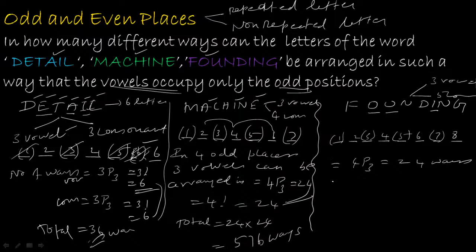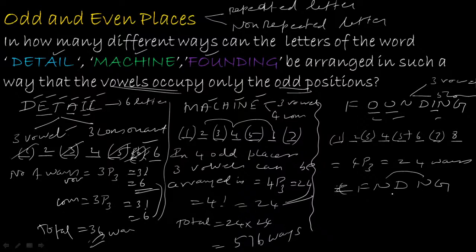Next, remaining we have 5 consonants. What are the 5 consonants? Here I am going to write. Here O, U, I are vowels. The 5 consonants are F, N, D, N and G. Look at the 5 consonants.